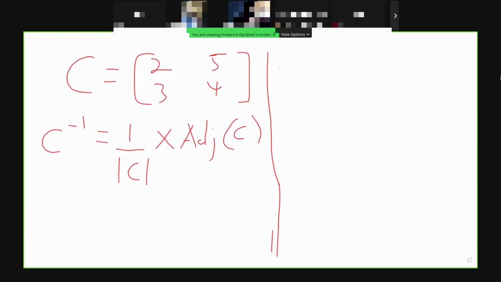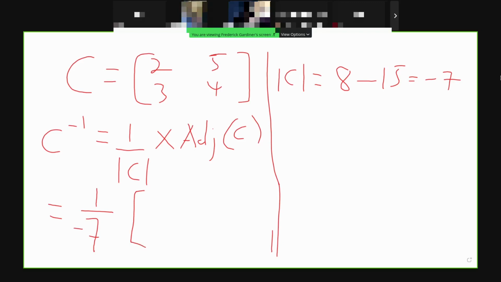Now, you agree that my determinant is going to be 8 minus 3 times 5... that is 8 minus 15, which is -7. Do you agree? Yes, sir. So it means my C inverse is just going to be 1 over -7 multiplying the adjoint.